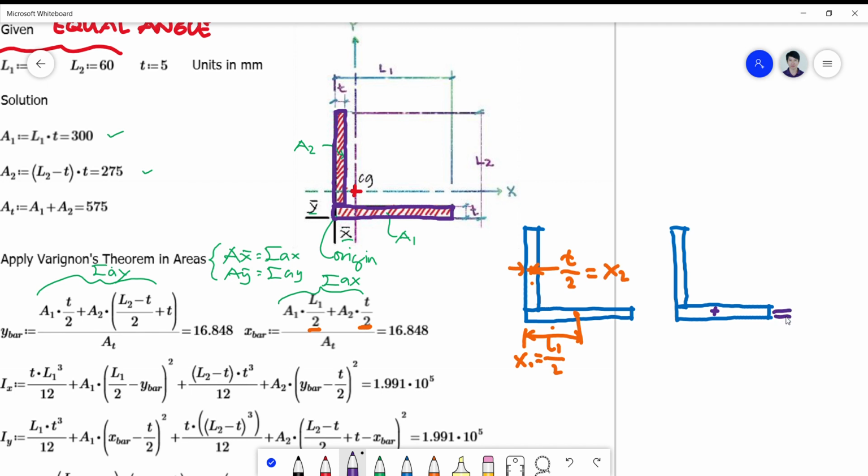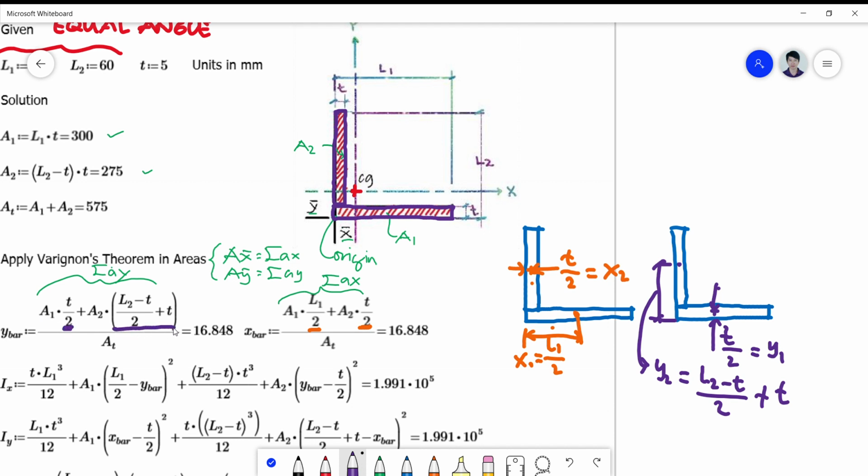So for y1, I have here T over 2, and for y2, I have here L2 minus T over 2 plus T. Okay, so these are now my y1 and this is my y2.